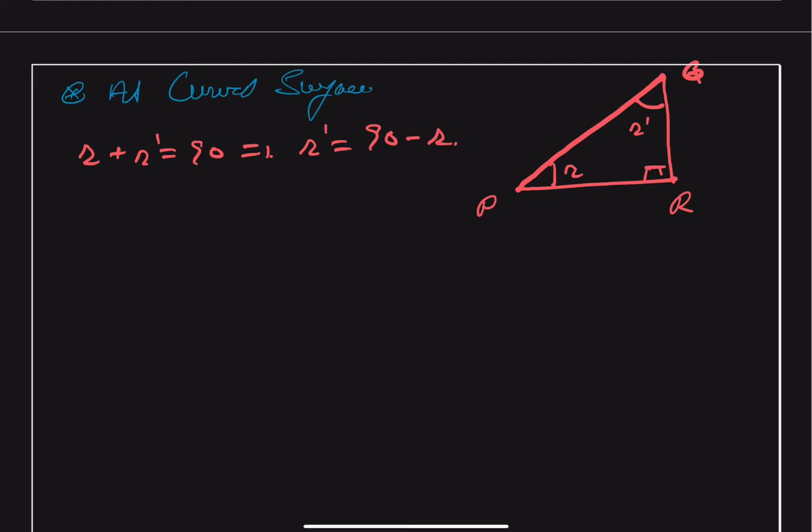And if you want R prime to be minimum, R should be maximum. So if you want R prime to be minimum, then 90 minus R should be our maximum.